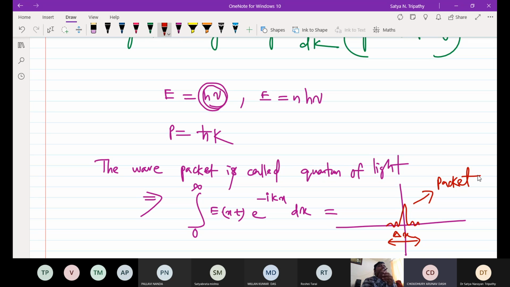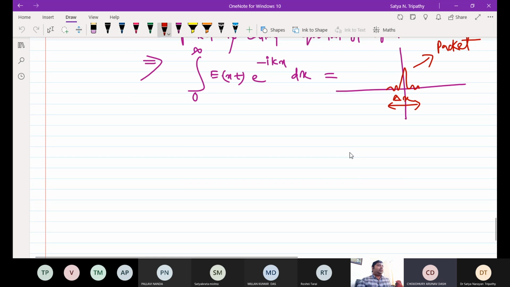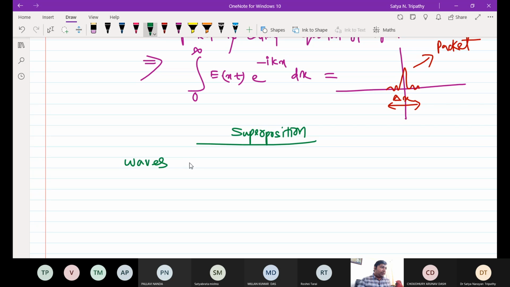Another question: what are the conditions for different types of superposition? How can we distinguish beats from interference or stationary waves? Okay, I'm writing that. We have superposition. I'm writing the technical definition of superposition: waves superpose at x and t simultaneously.